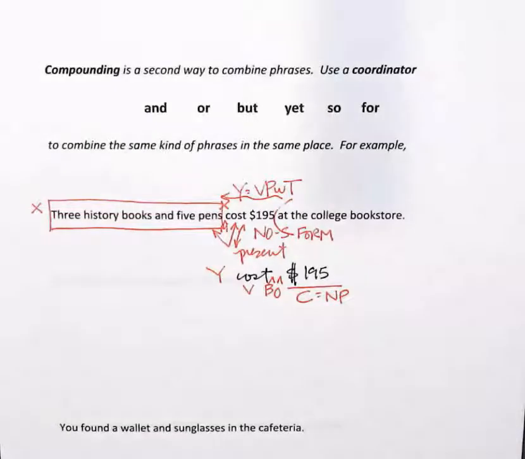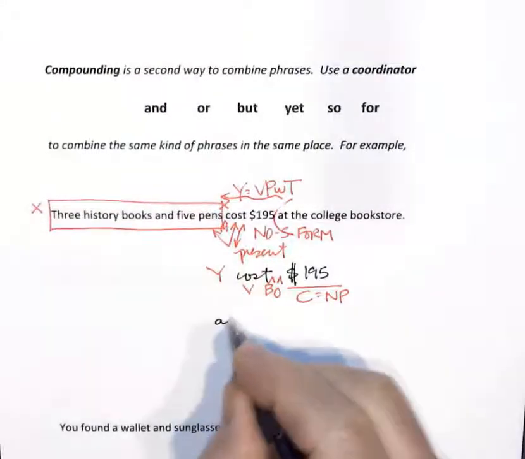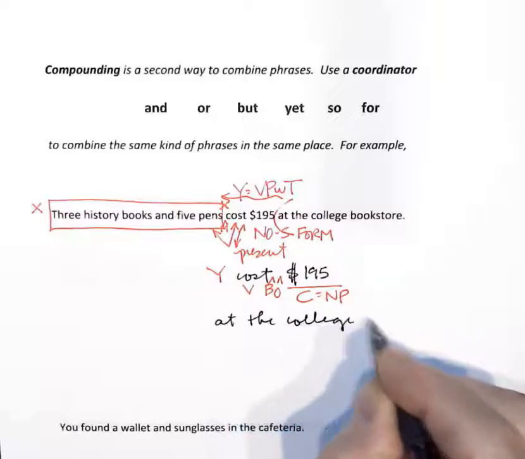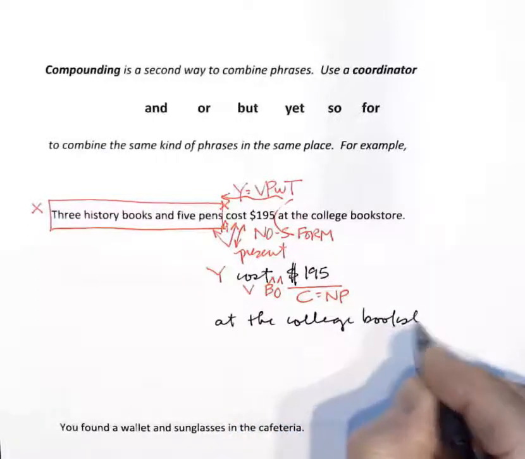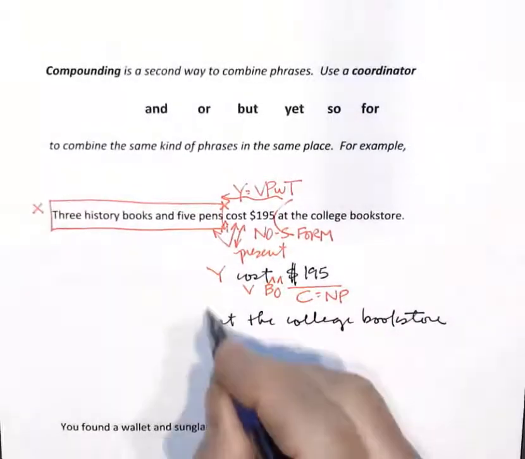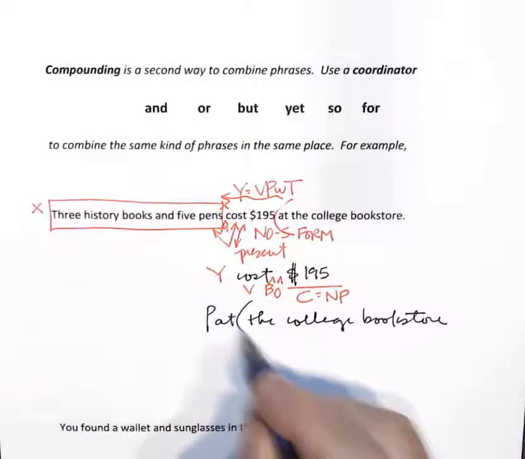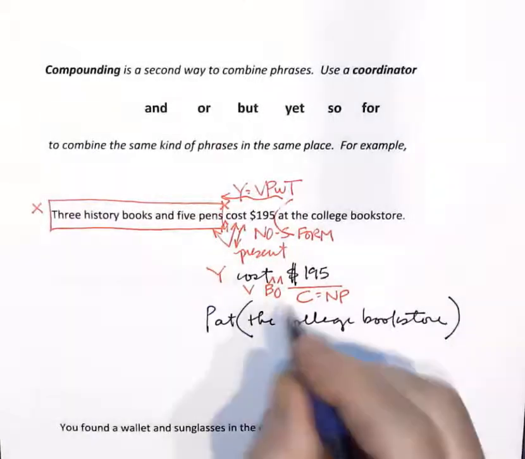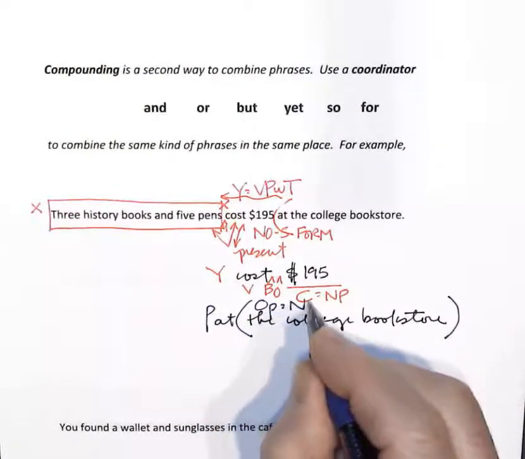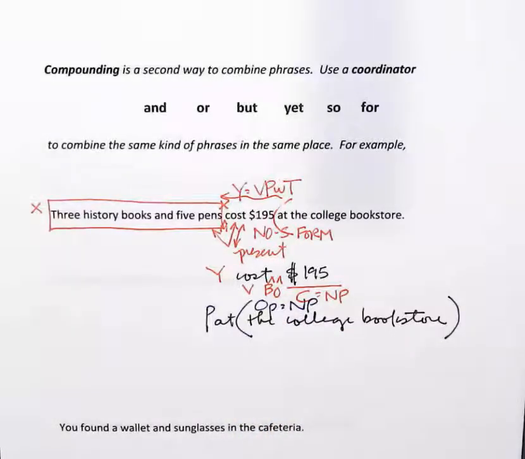Now, let's take a look at the shifter. Why don't we do that next? At the college bookstore, and at is the preposition. The object of the preposition is a noun phrase, the college bookstore.